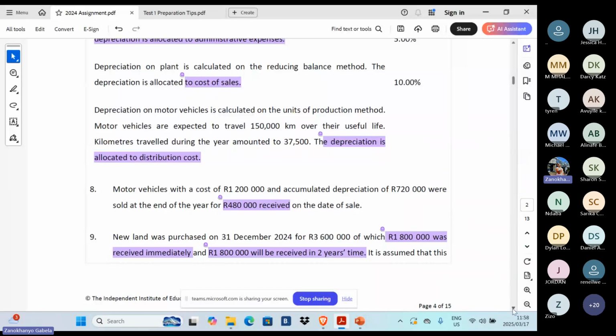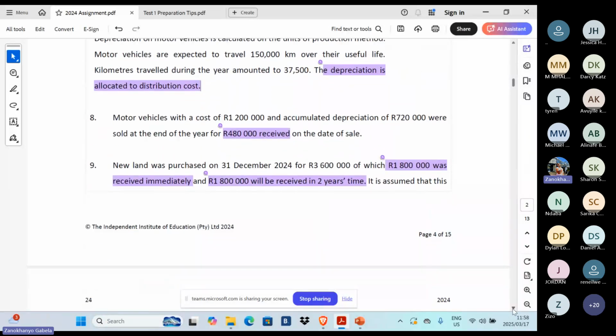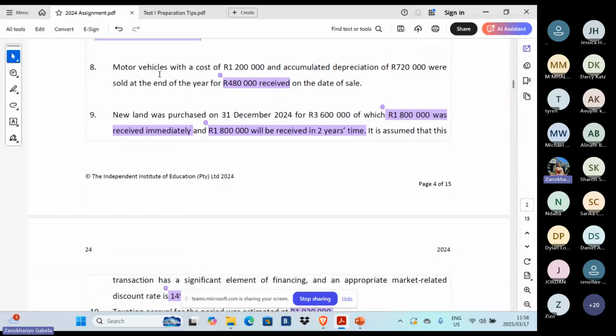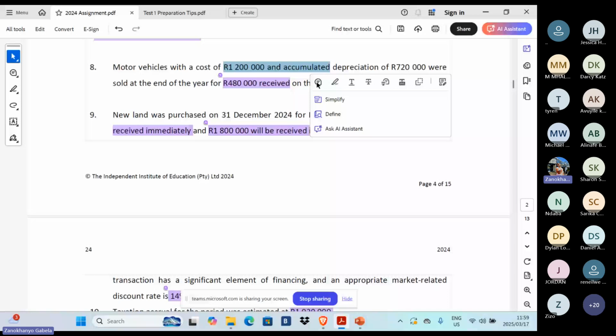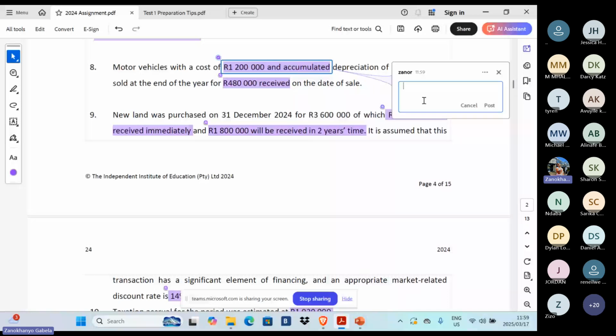And then obviously we debit and credit accordingly. Motor vehicles with a cost of 1.2 million and accumulated depreciation were sold. How are we going to do this? Because now we no longer have motor vehicles. We are going to credit motor vehicles and debit bank by 480.